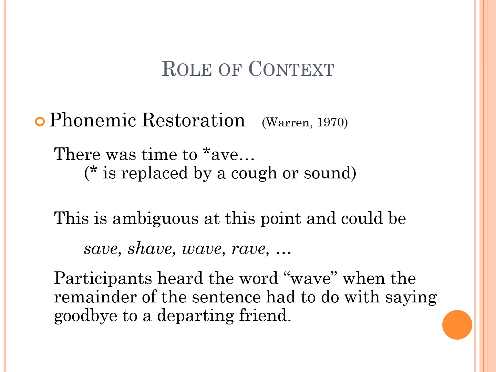And then if participants heard something like people were saying goodbye to a departing friend on a boat, I'm pretty sure it was a boat, then people will go back in time and restore that phoneme. So we don't necessarily need that context to come before the missing sound. We're going to hear what is supposed to be there, even if that context comes after. We feel like we heard that sound.